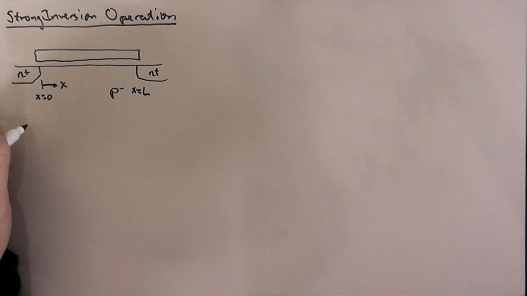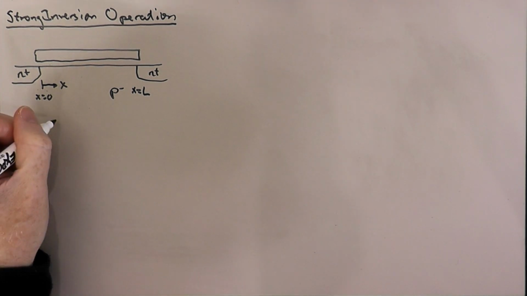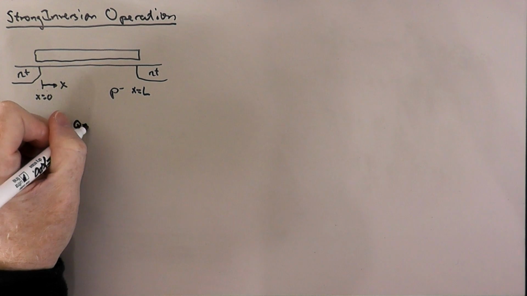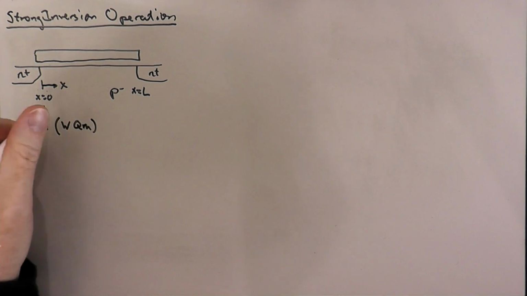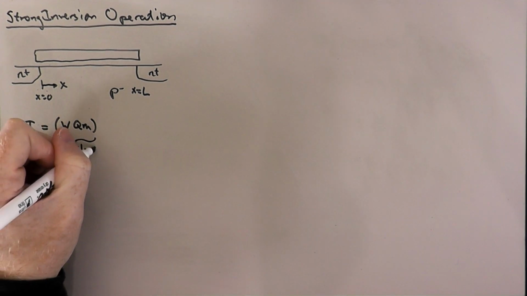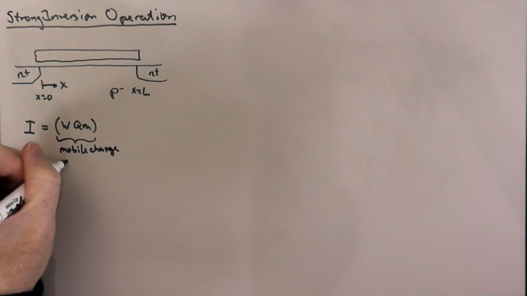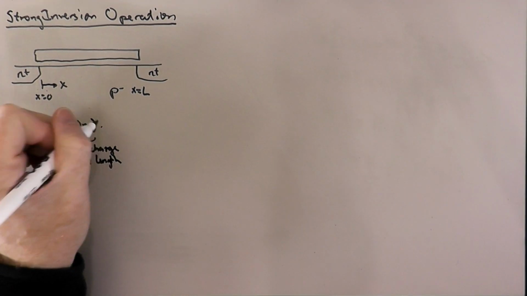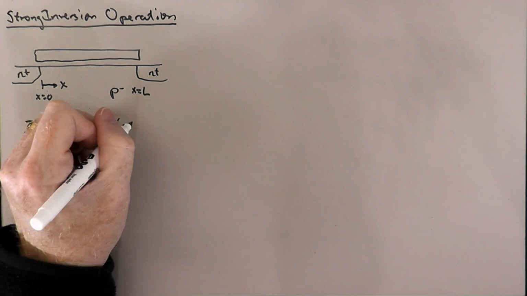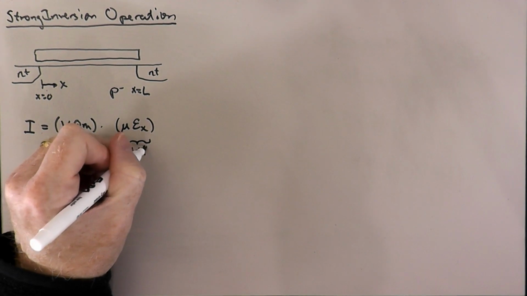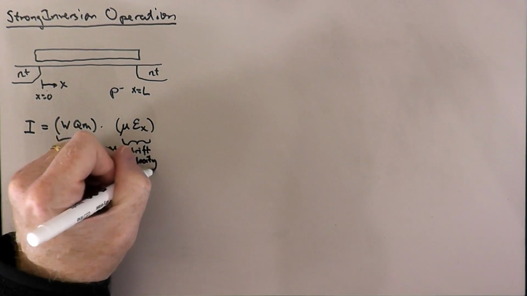And so the current by drift we can express as the mobile charge in the channel per unit length, which is the width of the channel times the mobile charge density, Qm, which is the charge per unit area in the inversion layer, times the mobility times the electric field in the x direction, and this will give us the drift velocity of the mobile carriers.